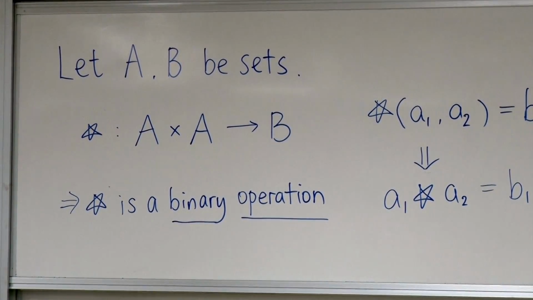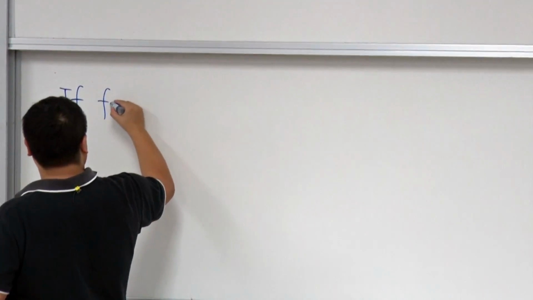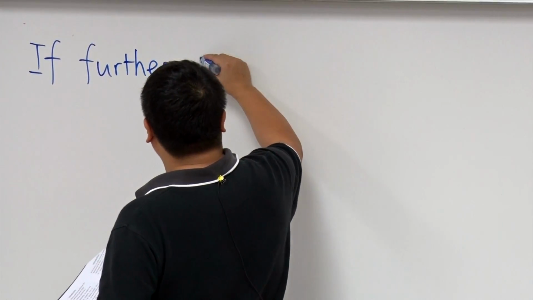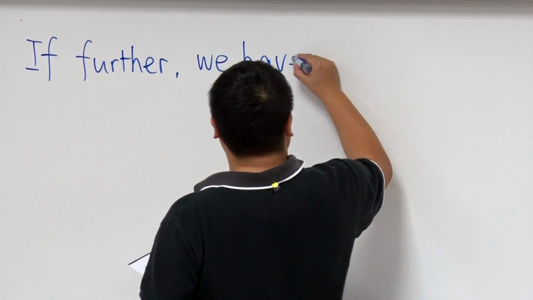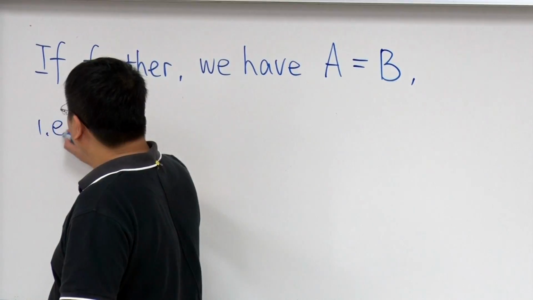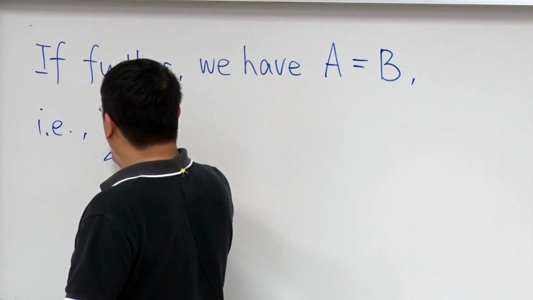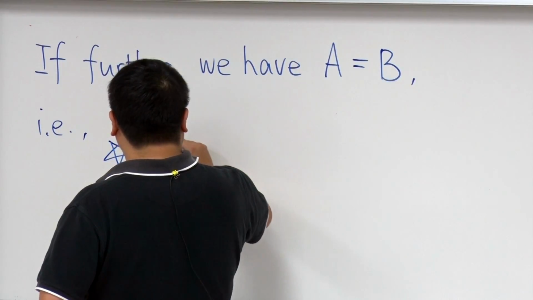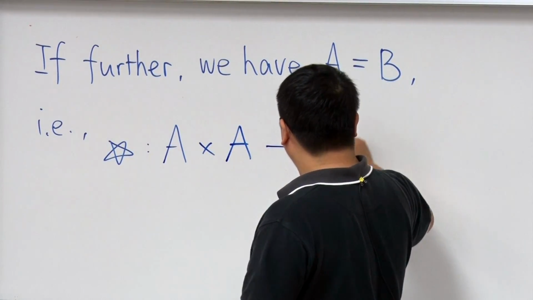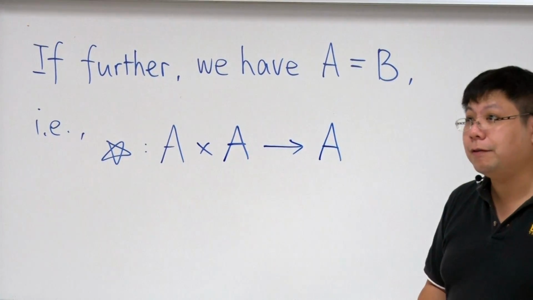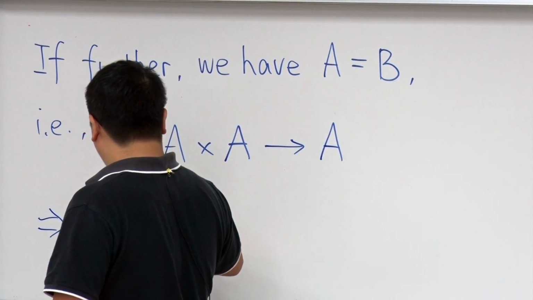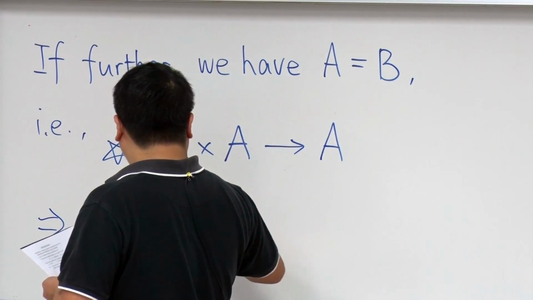Now, if further the set A is the same as the set B, which means the function star is mapping two elements a1 and a2 to the same set A itself, then we will call this star a closed operation.